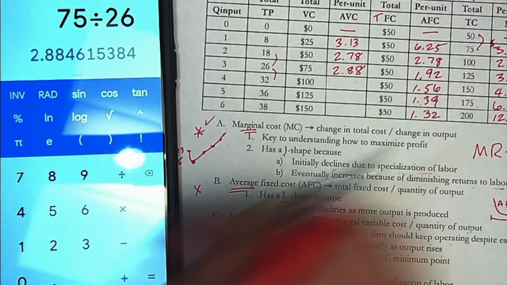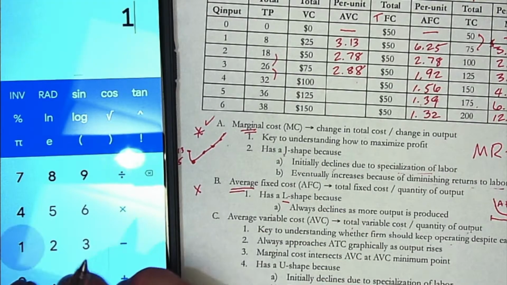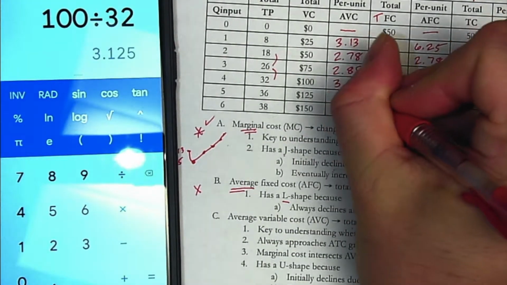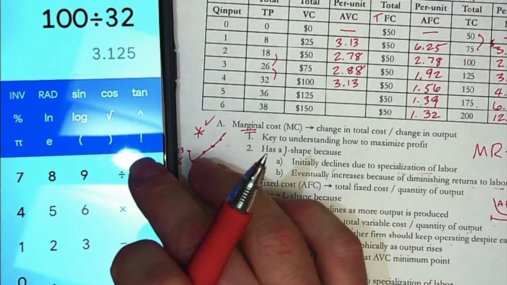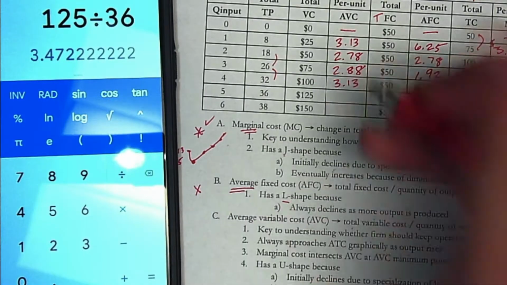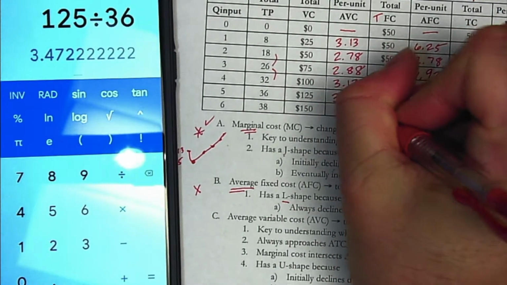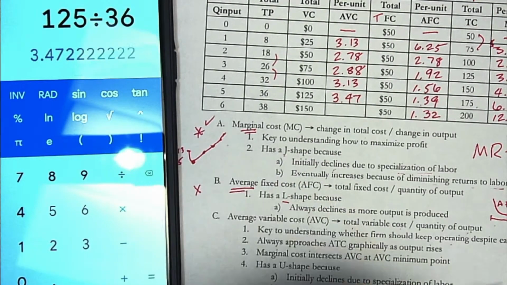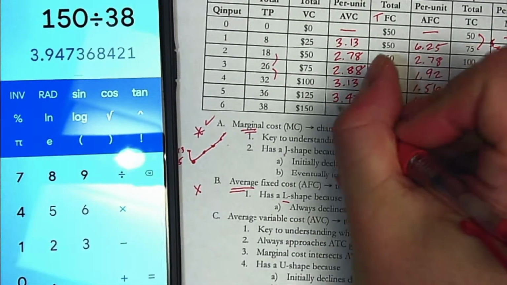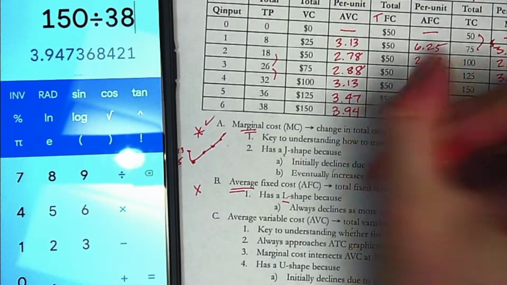2.88, and 100 divided by 32 is 3.13, and 125 divided by 36 is 3.47, and 150 divided by 38 is 3.94.